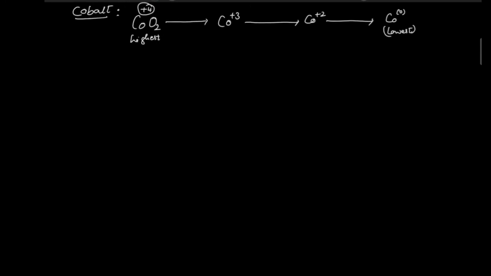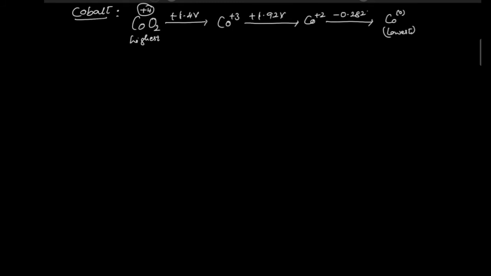We have omitted the number of electrons involved in these reactions. For the conversion of cobalt +4 to +3, the E naught value is +1.4 volt. Similarly, for this reaction it is +1.92 volt, and the third step is minus 0.282 volt.